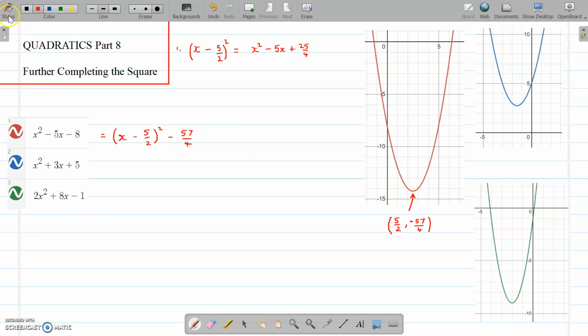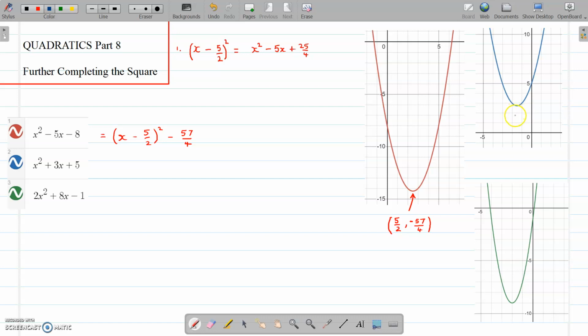Now the second one, I'll just change to blue so you can see the working relates to the second one. What makes this one slightly odd, as you can probably already see from the graph, is something we haven't yet looked at with completing the square: the minimum point is actually up in the air. It hasn't gone below the x-axis.